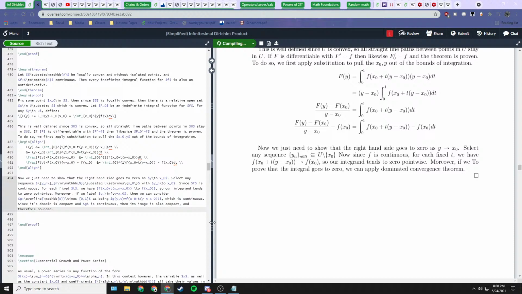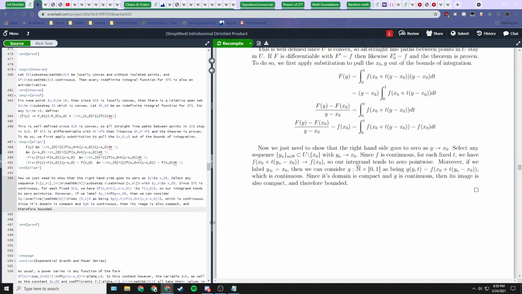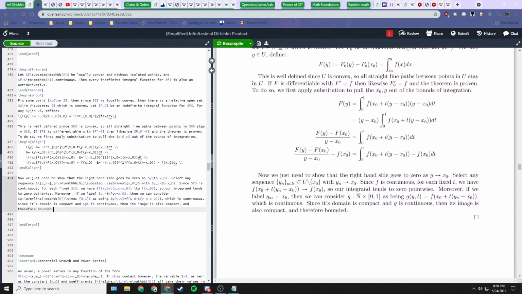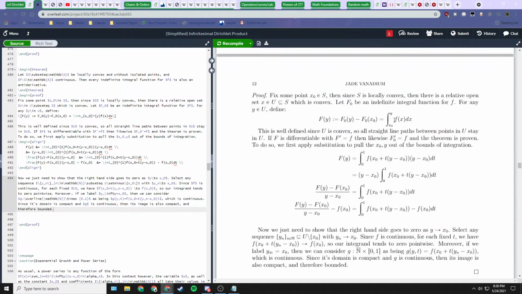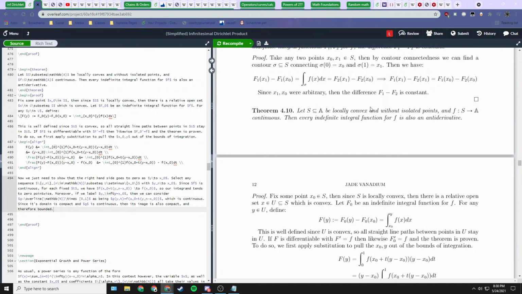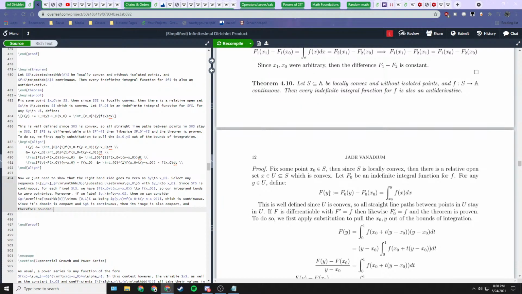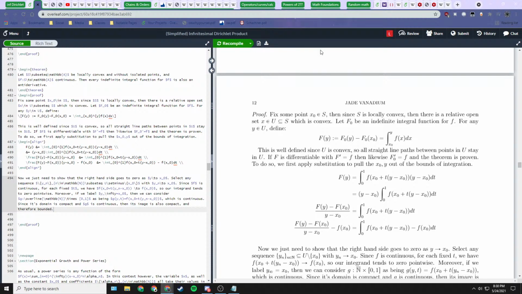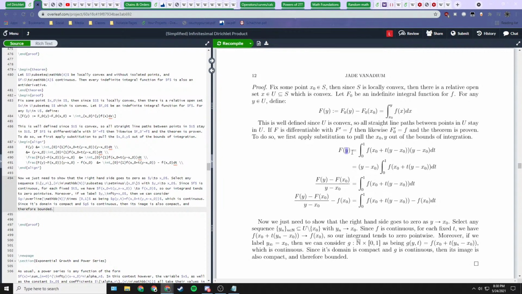Okay, so we've got this difference quotient. In order to prove that every indefinite integral is an antiderivative, we're just going to prove it for this one specific indefinite integral function. So we set that up. We set f of y as this integral from x0 to y of lowercase f.